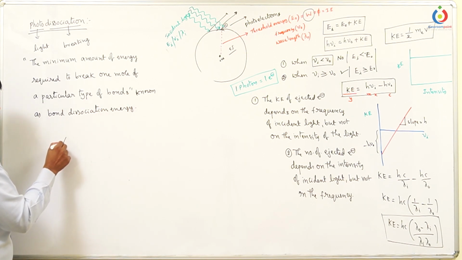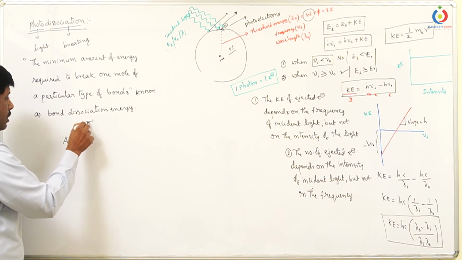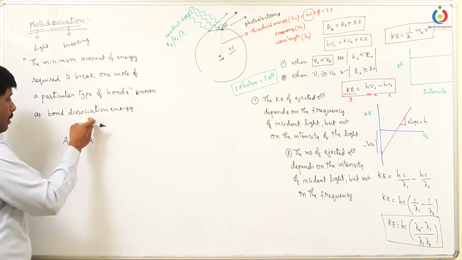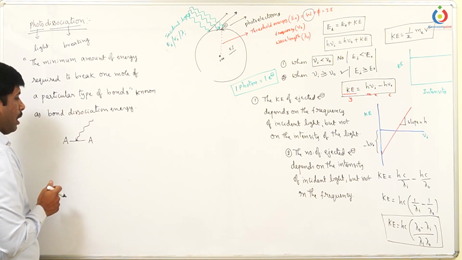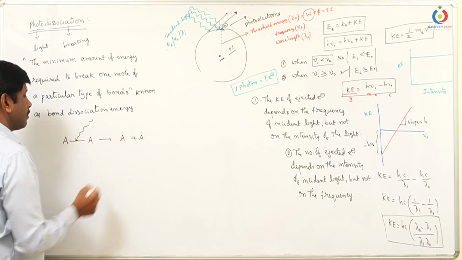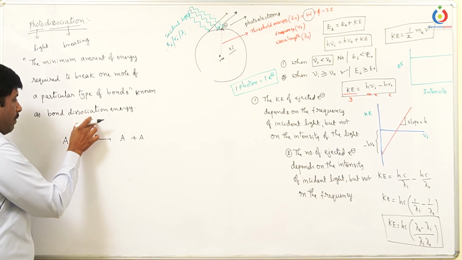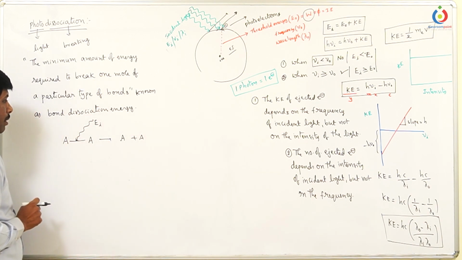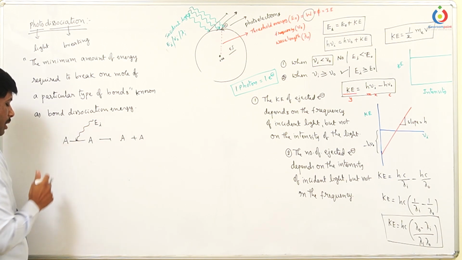So let us take a molecule A2, with 1 mole of the bonds. To break these bonds we have to send some amount of energy. If the energy going in is sufficient, it will separate both atoms of the molecule, so that they separate as A plus A. After giving this energy, which we also call the incident energy, the incident energy helps in the separation of the atoms by breaking the bond.